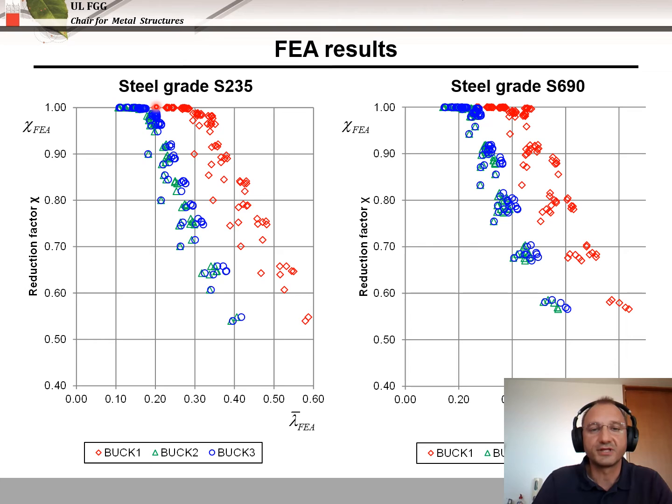We can observe that up to approximately 0.2 slenderness, there is more or less no reduction, and then a steep drop in the resistance. We also can observe that boundary conditions BAC 1 are more scattered, while BAC 2 and BAC 3 boundary conditions give very similar results. Therefore, in the further analysis, we used the boundary condition BAC 2.